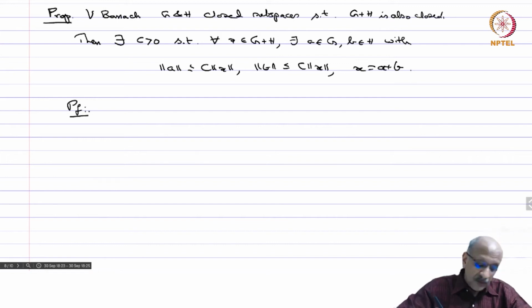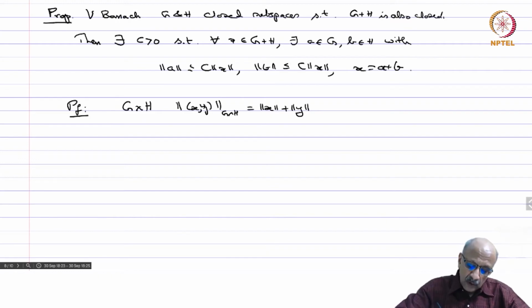So you consider the space G cross H with the norm, we have already seen this, norm of (x,y) in G cross H is norm x plus norm y. Now both are closed subspaces of a Banach space, so each one is a Banach space in its own right.